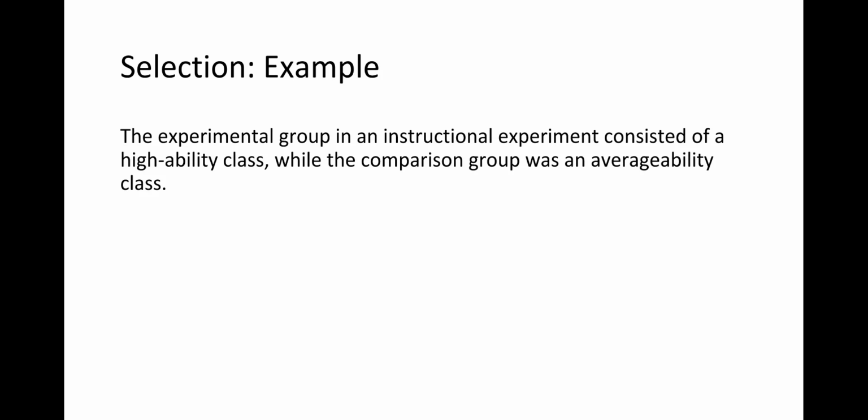Again, this is an example. The experimental group in the instructional experiment consists of a high ability class while the comparison was an average ability class, blah blah blah. Right? Two groups are different. One group happens to be, for some reason, an average ability comparison group. The experimental group is high ability. We don't know whether the difference between the experimental group average and control group average is because of their precondition or because of your experiment.